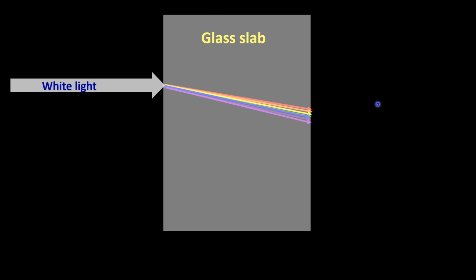They will bend away from the normal. So all the colors will bend away from the normal. Again, they will meet together. They will travel together and appear as white light only.